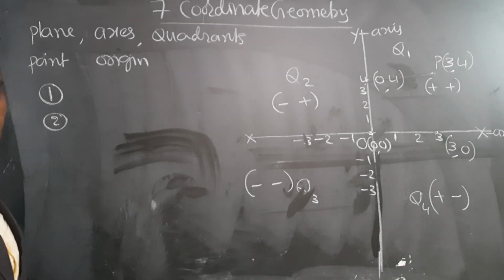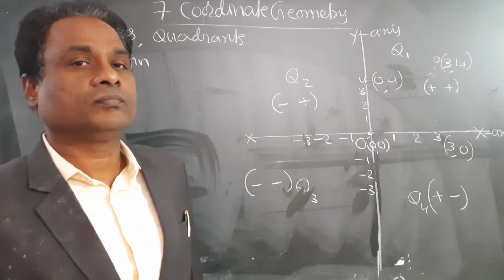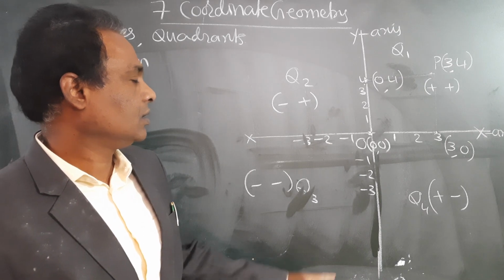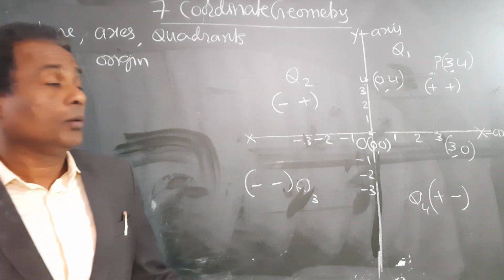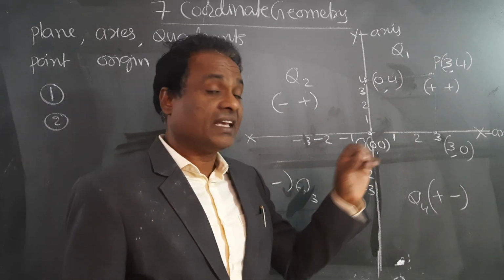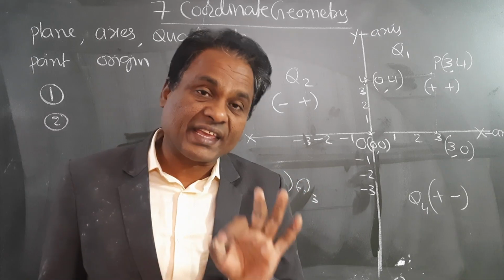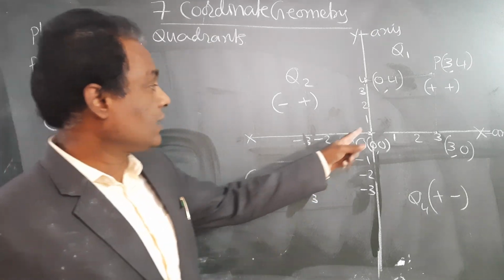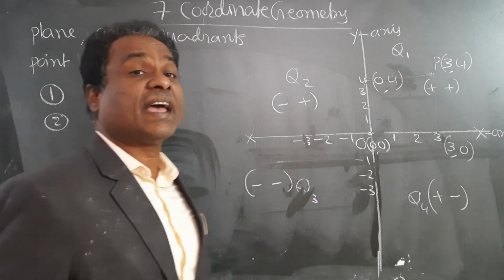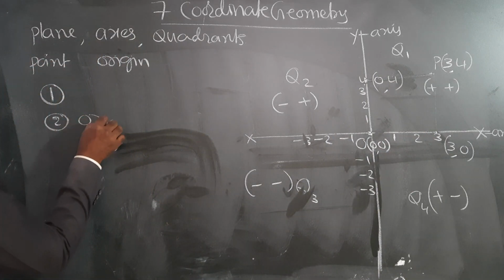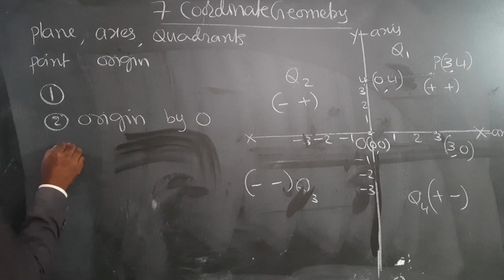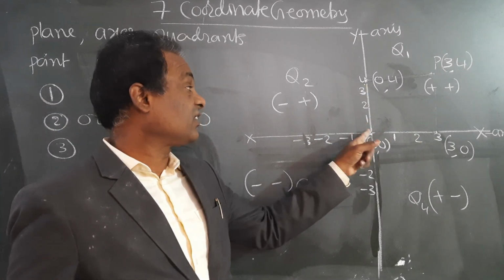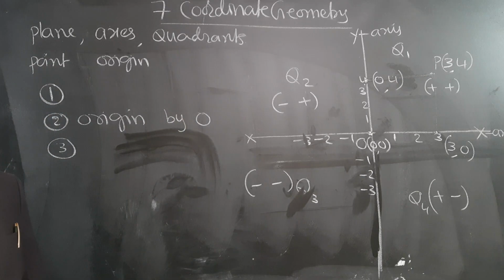Second point. The point of intersection of x-axis and y-axis is called origin, denoted by O.